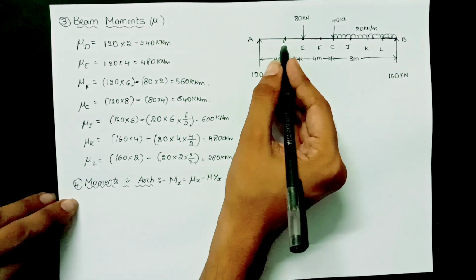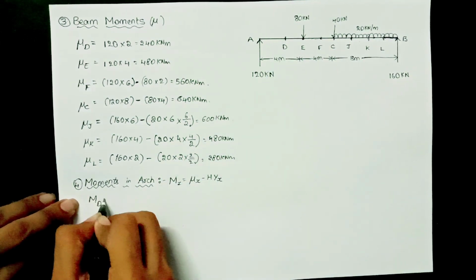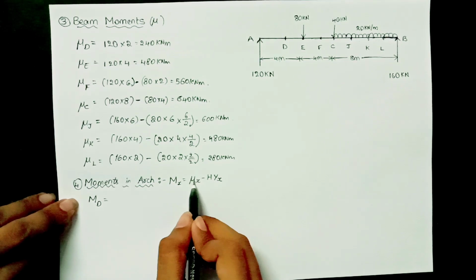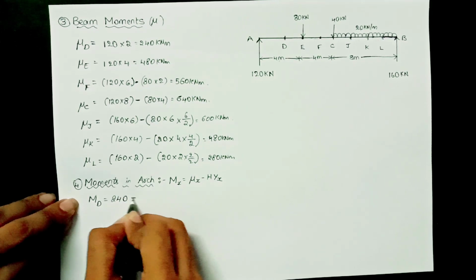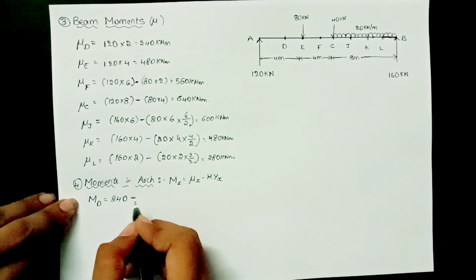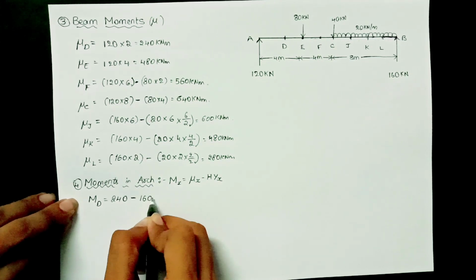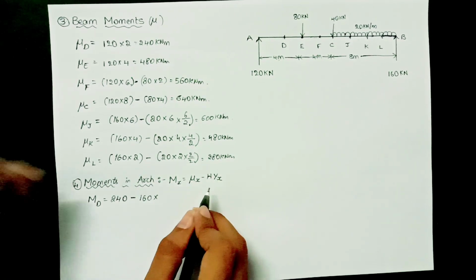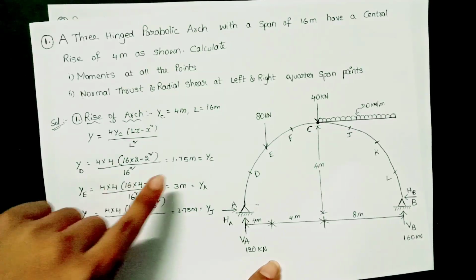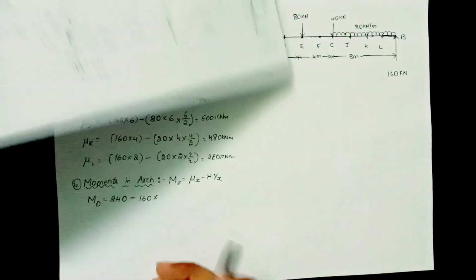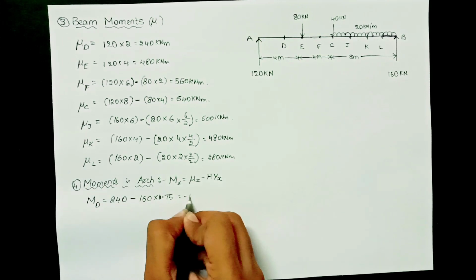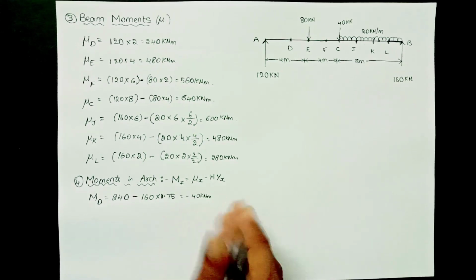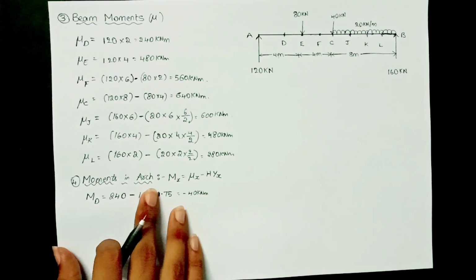So starting with point D, MD equal to mu D. So mu D is 240 kilonewton meter minus H value, in the second step it is obtained as 160 kilonewton, into YD. In the first step YD is 1.75 meters. So I am writing here 1.75. So the value is minus 40 kilonewton meter. So this is the moment MD.